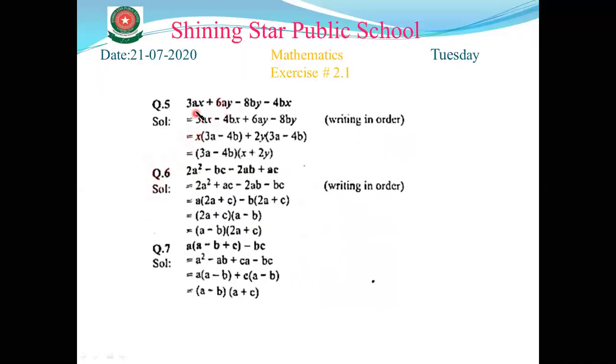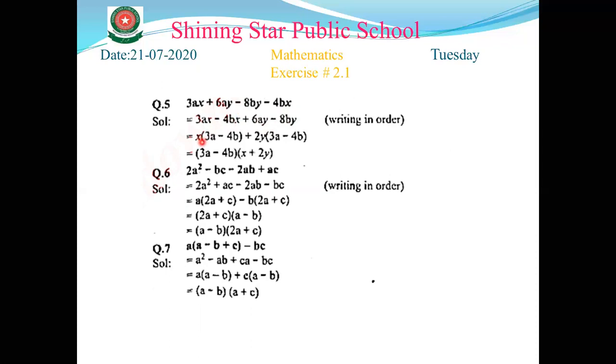Question number 5, 3ax plus 6ay minus 8by minus 4bx. Now 3ax minus 4bx plus 6ay minus 8by. We arrange them, writing in order, and then we take the common x.